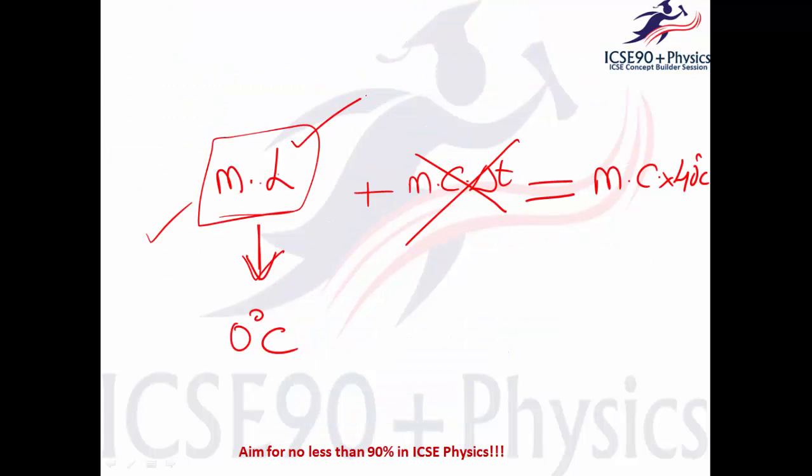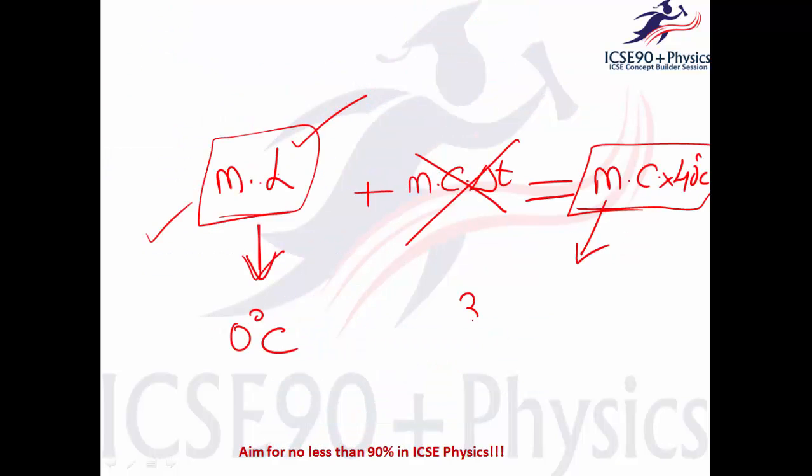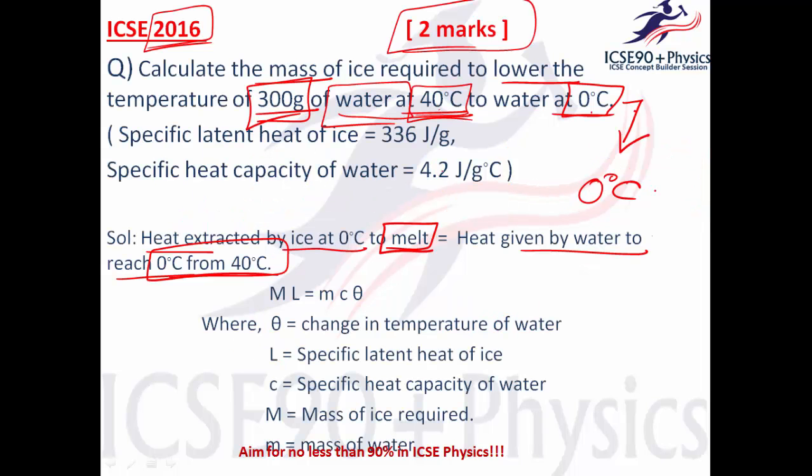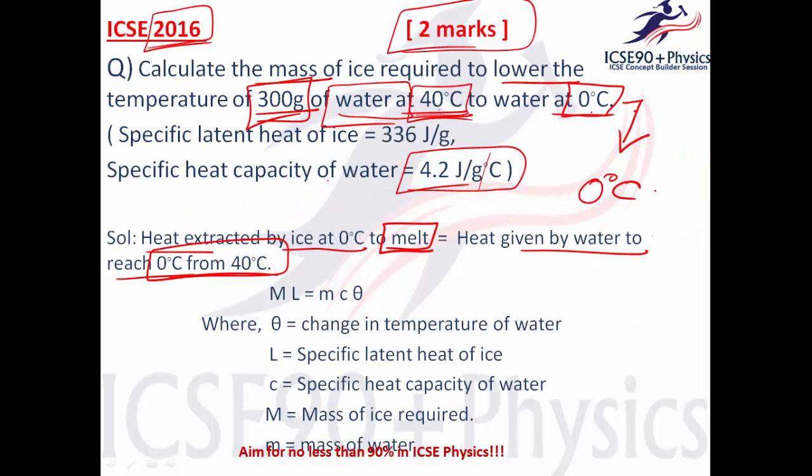Applying this equation, m into L is equal to mc into delta T. Mass of hot water is given to be 300 grams, multiplied by specific heat capacity of water, given to be 4.2 joules per gram per degree Celsius, times 40, will be equal to mass of ice to be calculated times L, being the specific latent heat of fusion of ice, that is 336 joules per gram.